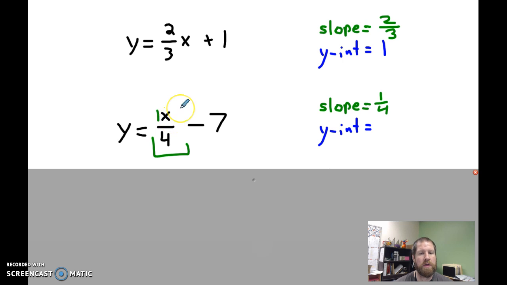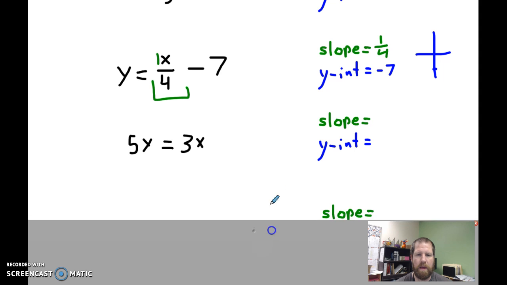It's whatever is being multiplied by x, not x itself. Okay, and then my y-intercept, because this is -7, is going to be -7. All right, and that means that if I'm looking at my coordinate plane, it's going to cross the y-axis down here at a negative value.